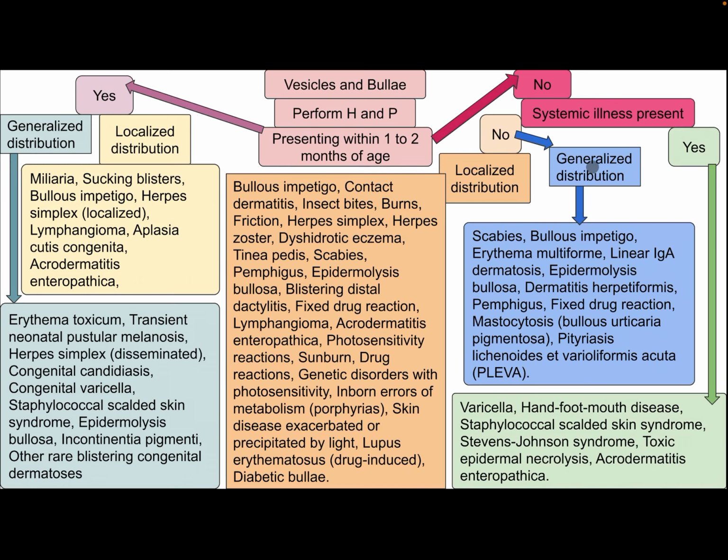If it is generalized in distribution, the differential diagnosis includes scabies, bullous impetigo, erythema multiforme, linear IgA dermatosis, epidermolysis bullosa, dermatitis herpetiformis, pemphigus, fixed drug reaction, mastocytosis, bullous urticaria pigmentosa, pityriasis rosea, pityriasis lichenoides et varioliformis acuta.